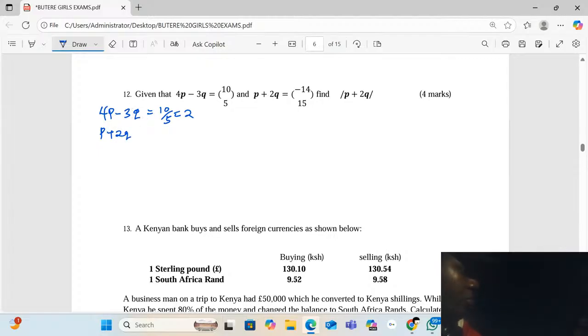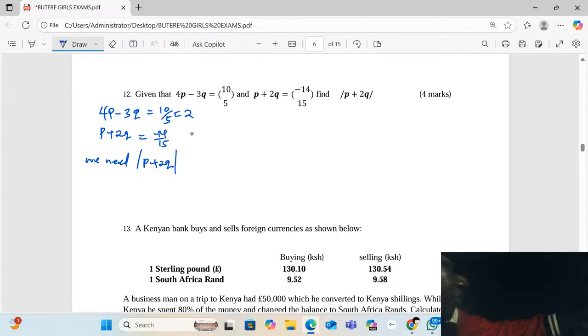P plus 2q gives us negative 14 over 15. That one is fine. So we need this vector p plus 2q.